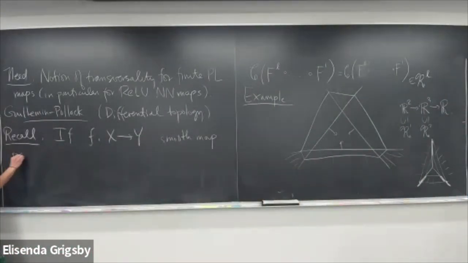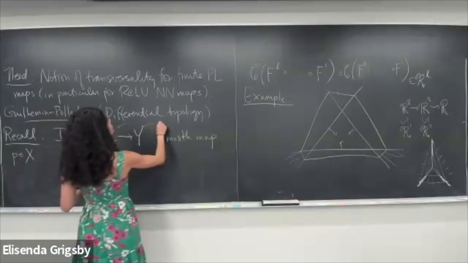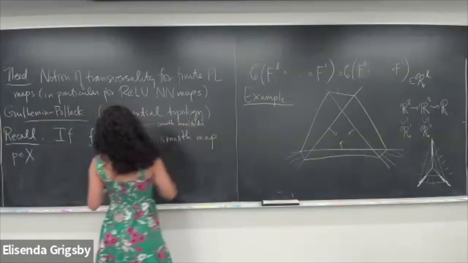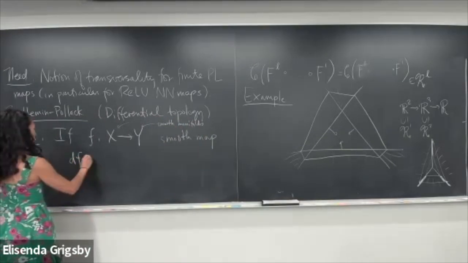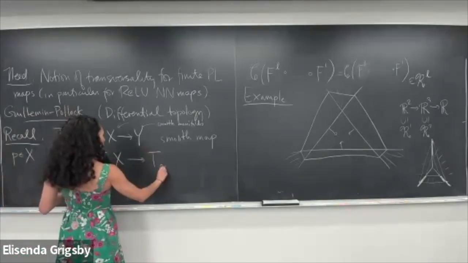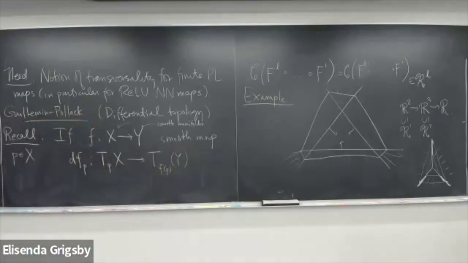And let P be a point in X. Then you have the corresponding map on the tangent spaces at that point. This is a linear map on the tangent spaces. This is essentially the Jacobian.